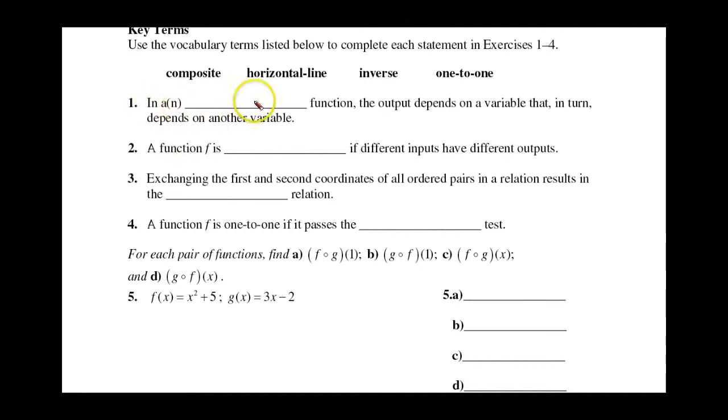In a what function, the output depends on a variable that in turn depends on another variable. Well, this is a composite here.